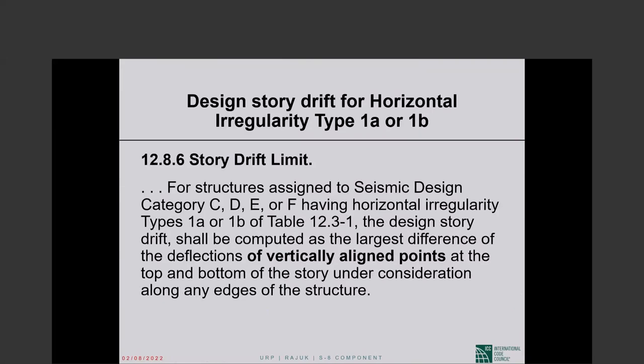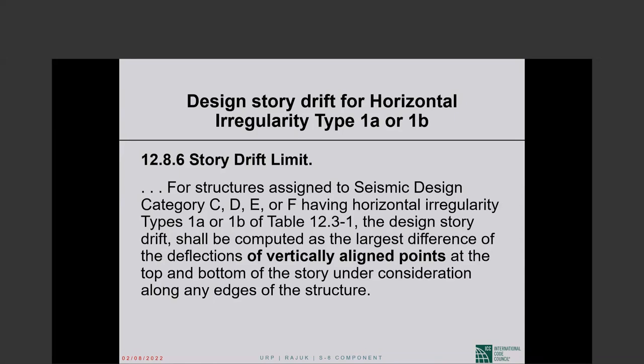Okay. The next section that is triggered is 12.8.6. What this is, if you don't have torsional irregularity, interstory drift, remember, is deflection at the top of a story minus deflection at the bottom of the story. Now, typically, we calculate the deflection at the center of mass.